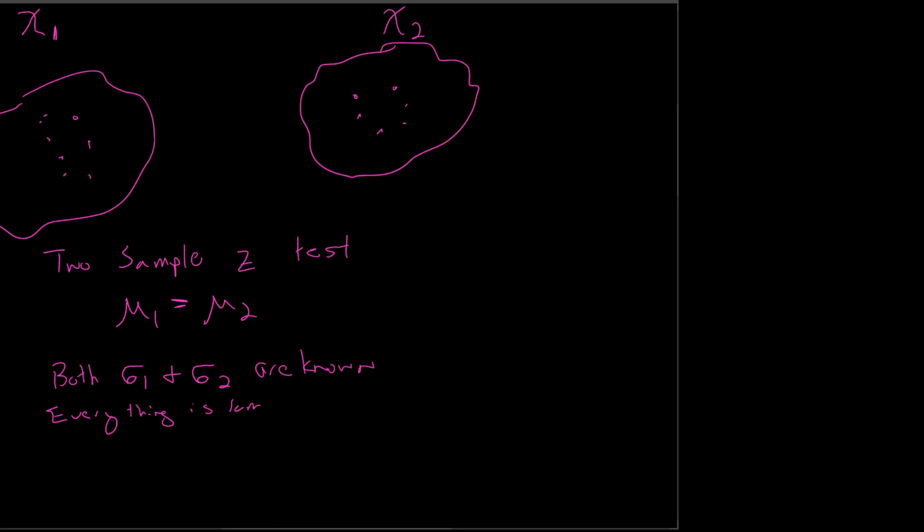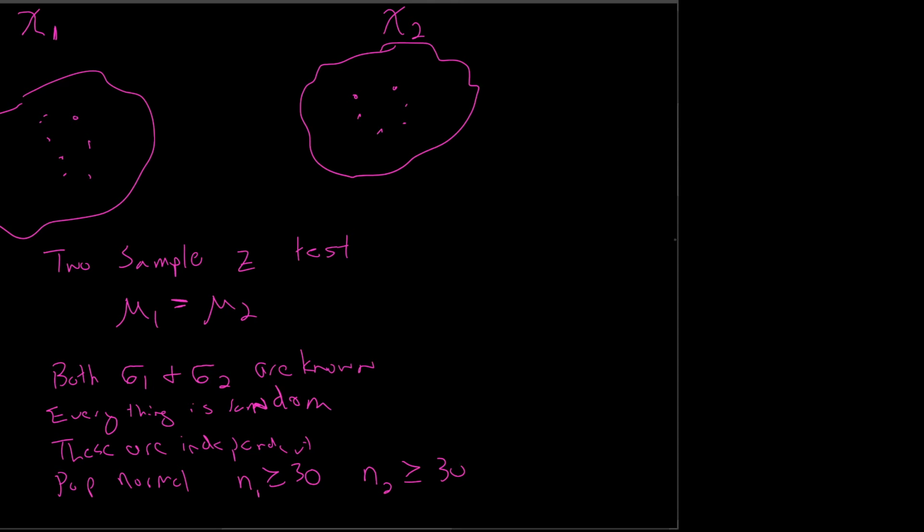Of course, randomness is that test. We need things to be random for our statistics to work. These are independent. And the populations are normal, or n is greater than or equal to 30 for the first sample, and n is greater than or equal to 30 for the second sample.